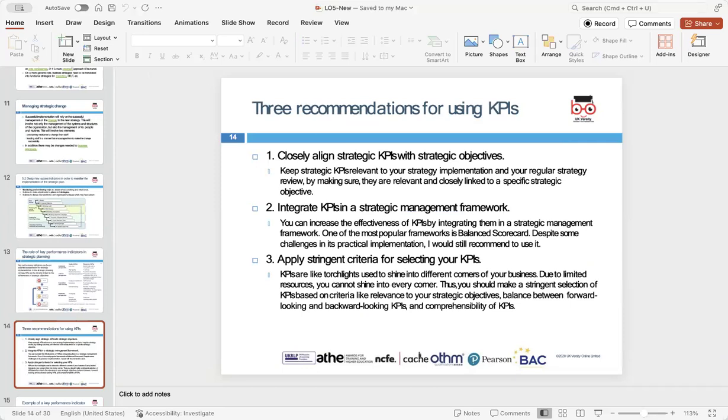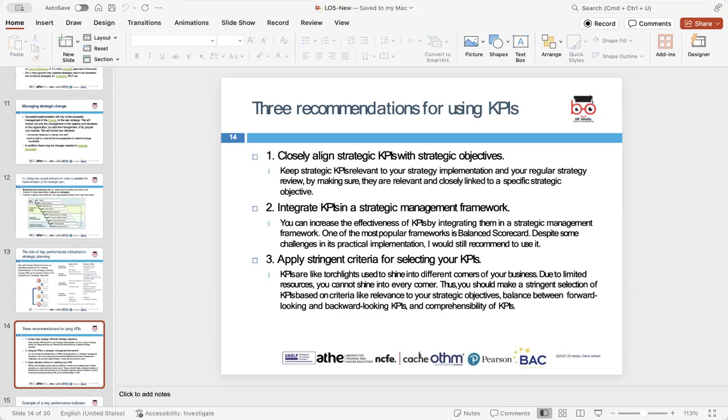Three recommendations for using KPIs. Aligning key performance indicators with strategic objectives is important for the successful implementation of strategy. KPIs must be directly relevant to the organization's strategic goals to ensure that they provide accurate insights into performance. These alignments allow for better tracking and monitoring during regular strategy reviews.